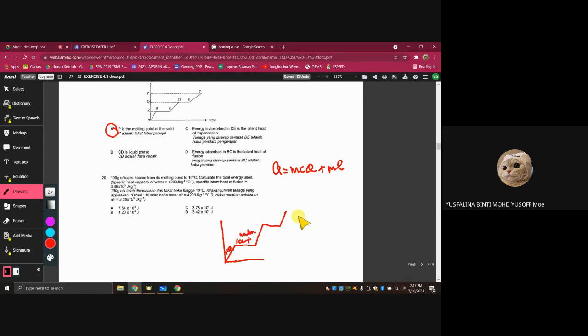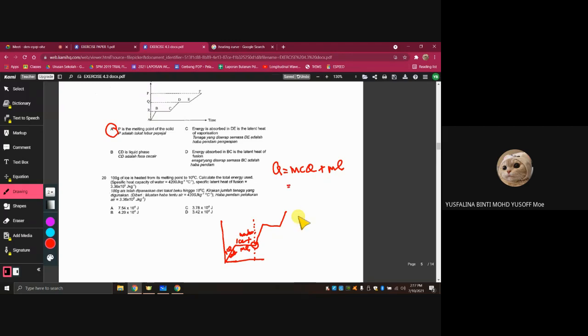You want to calculate until all of it changes completely to water, so until here. This is the moment where all the ice will change to water. So you have to use mcθ for this part and ml for this part, that's why mcθ + ml.